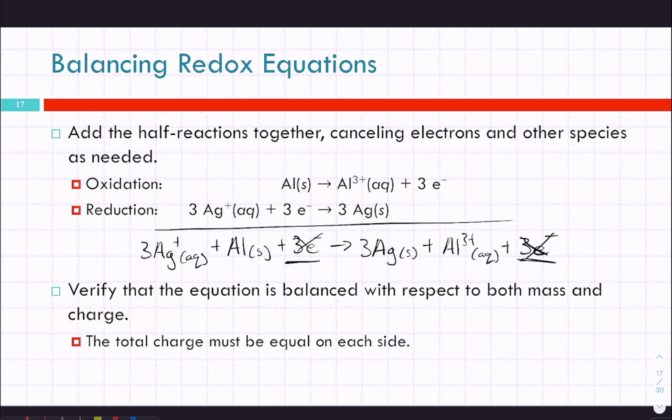So your final check is, are the charges on either side the same? So this is 3 times the 1+ charge of silver, so that's a 3+ on that side. On the right side, we have the 1 aluminum 3+. So total charge there of 3+.